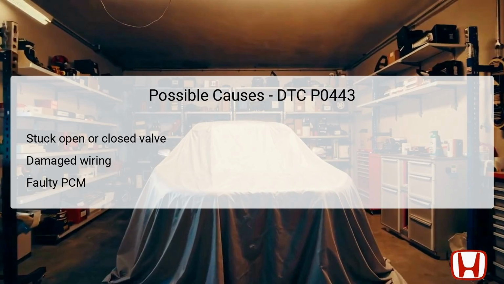Additionally, damaged wiring or poor connections leading to the valve or the engine control module, ECM, can contribute to circuit malfunctions, leading to the P0443 code. Also, a faulty ECM itself, particularly if it has outdated software, can lead to improper functioning of the EVAP system. Addressing these possible causes through comprehensive testing is critical in resolving the P0443 error.